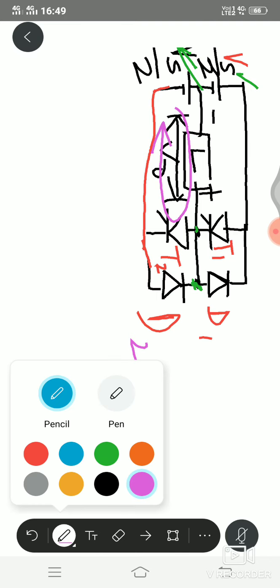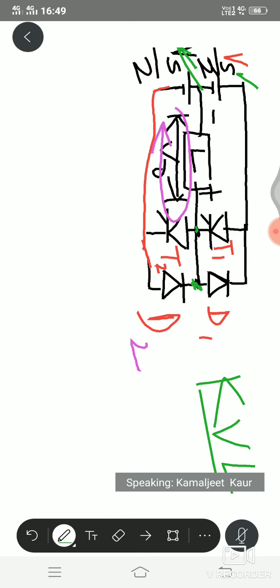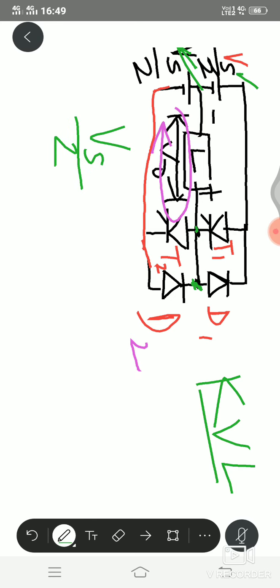Write down the KVL just as we did for the last case. So using KVL, in this case, the bottom Vs by 2 we are taking, so negative to positive, Vs by 2. Now negative to positive of V naught means V naught is positive. Vt2 we are taking 0, we are neglecting.